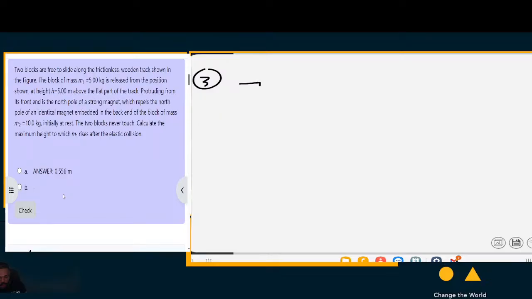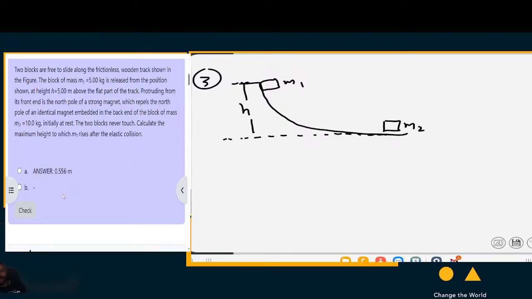It looks like this. This is block number 1. This is M1, and here is M2 here. Imagine this is a nice frictionless surface, and we have the height here up to here. That height is h. Okay, so this is the situation.